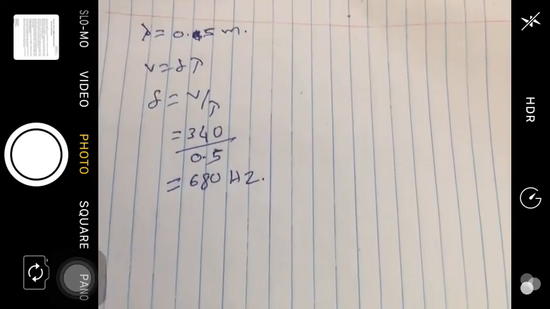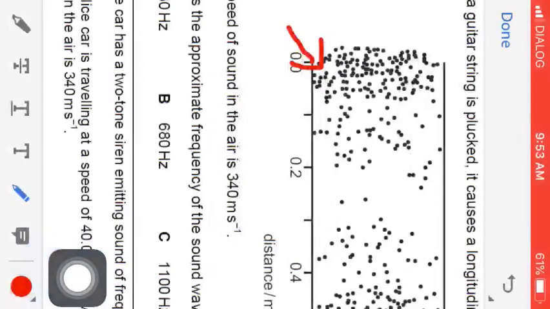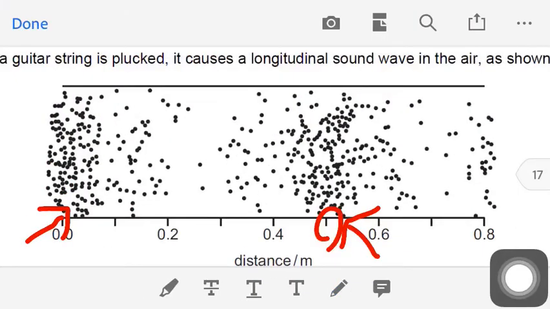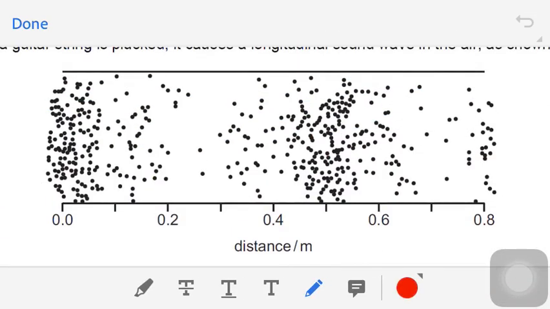If you think that it is not exactly at 0.5 but a bit to the right of 0.5, that's like 0.52.